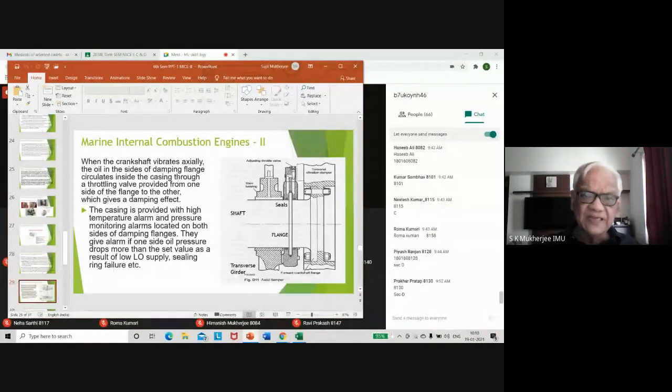Let's read what he says. When the crankshaft vibrates axially, this is part of the crankshaft, and this is the flange, remember. And these are the seals. This is one side of the seal, this is the other side of the seal, and on top there is the seal. One, two, and three. And you see there's a very narrow passage between the shaft and that seal.